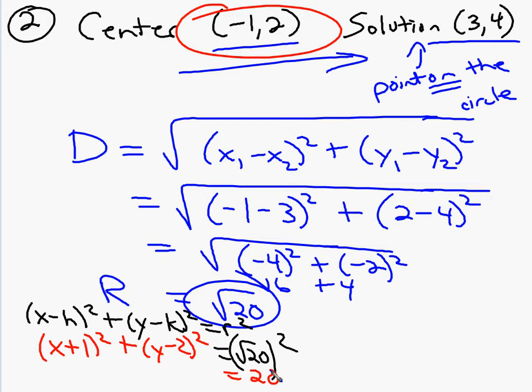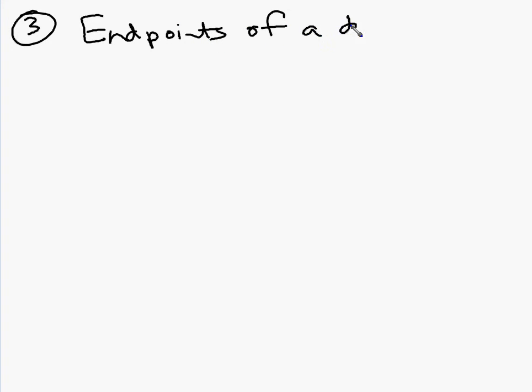Now, one other little trick they could do is they could give you the endpoints of a diameter of a circle.